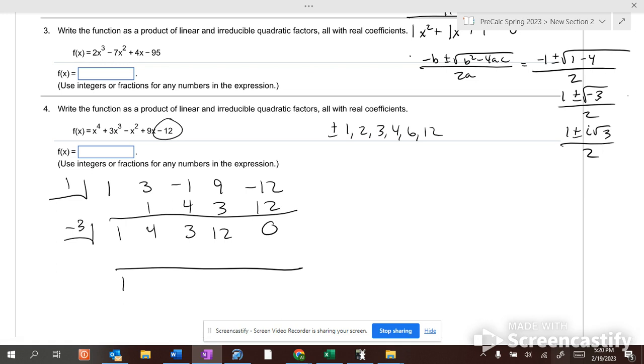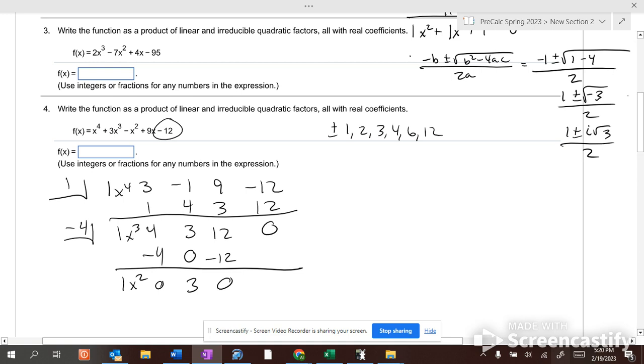Negative 3. 1, negative 3, 1, negative 3, 0. Doesn't work. Try negative 4. 1, negative 4, 0, 0, 3, negative 12. Booyah. Got it.